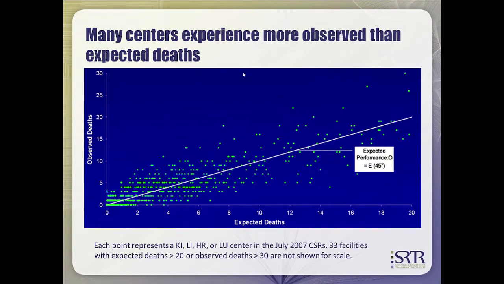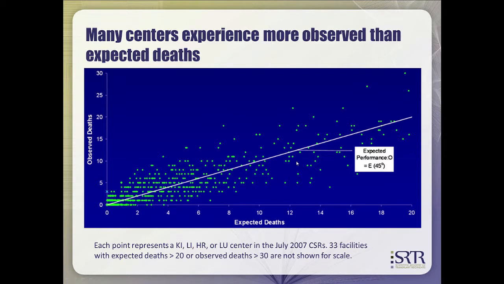The question is, how many centers get flagged for each of these criteria? And this is a graph where we see observed deaths on this axis and expected deaths on this axis. And each dot is a center. So this center had this number of expected deaths, around 9 point something, and observed 5 deaths, etc. And the line here is equal observed to expected performance.